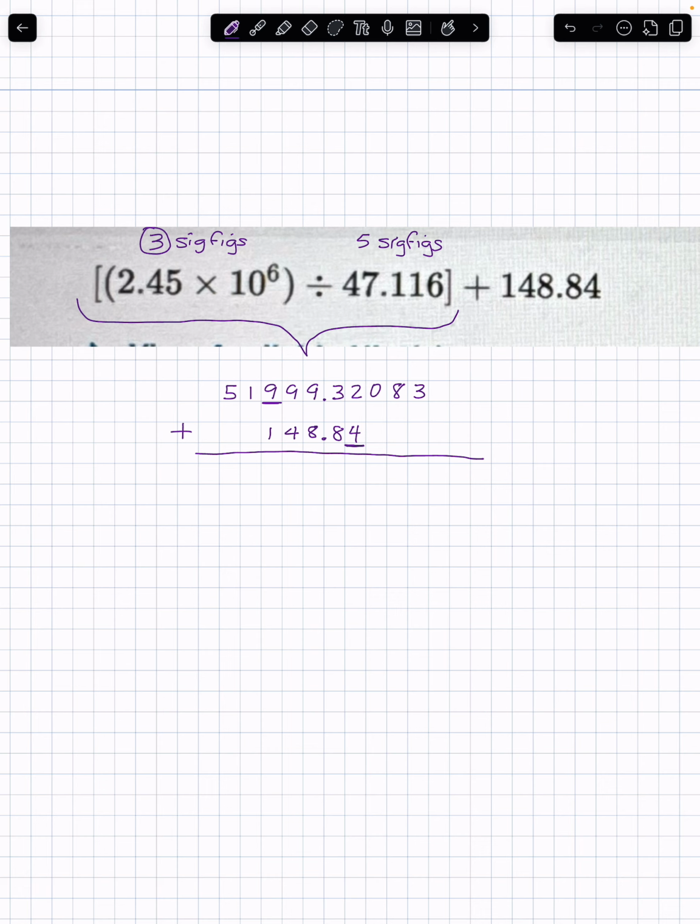I should do this on a calculator, but I don't have mine with me. You'll excuse me if I did the math wrong.